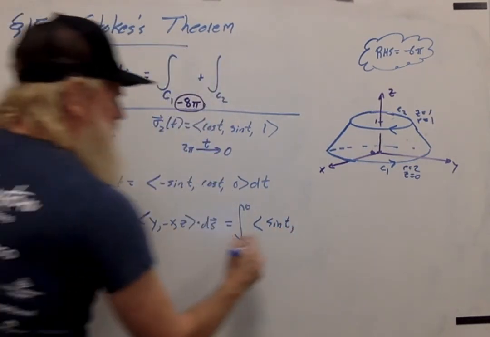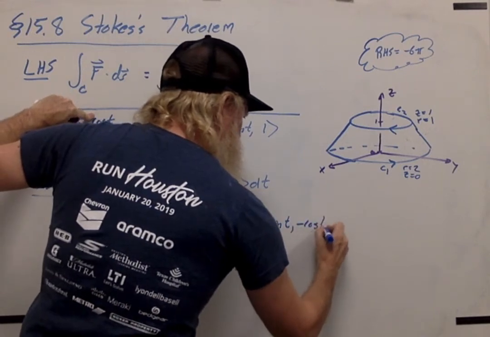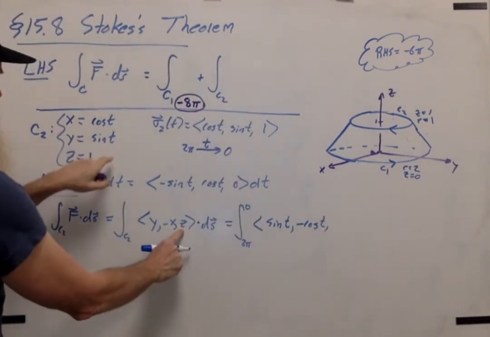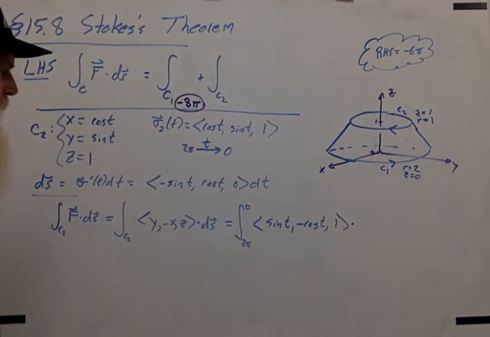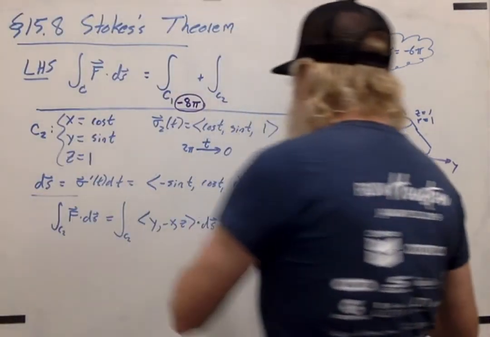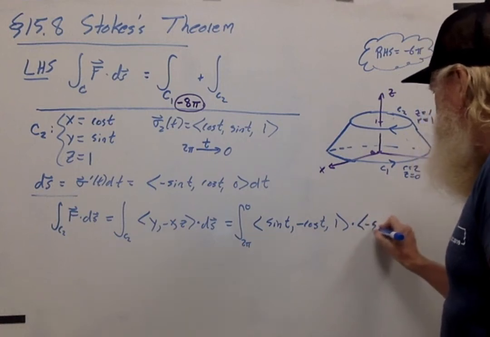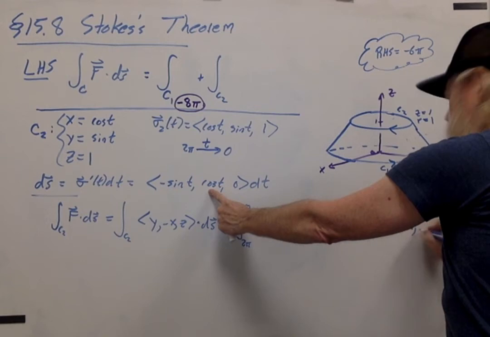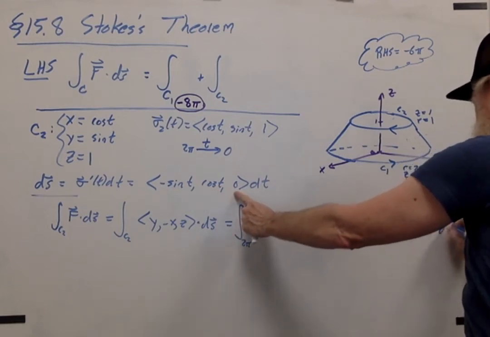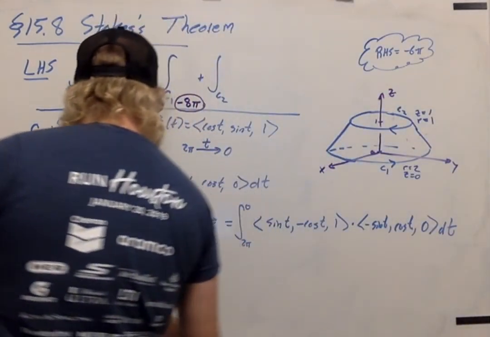Negative x will be negative cosine t. And z is equal to 1. And that gets dotted by negative sine t, cosine t, and 0 dt.